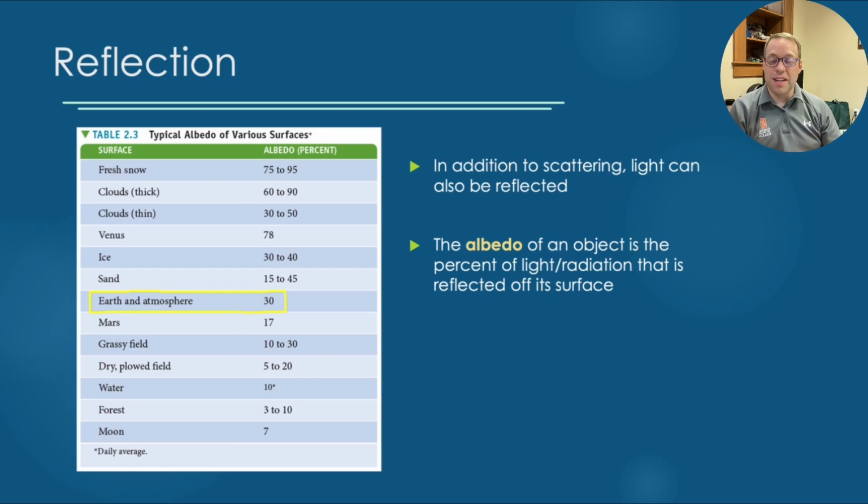Have you ever seen one of those nights? I've seen quite a few of them. Absolutely spectacular and really cool to see. But the moon only has an albedo of 7. So of all the sunlight that's hitting the surface of the moon, only 7% of it is being reflected toward you on the Earth.